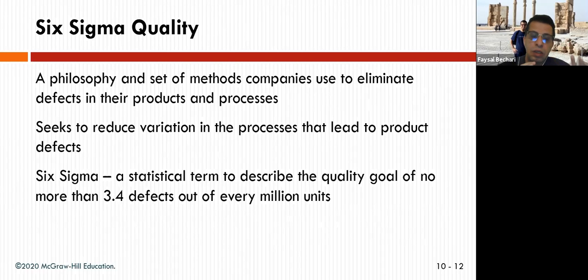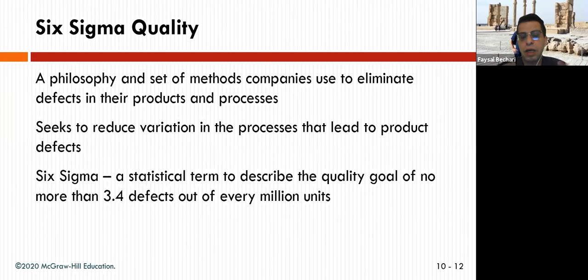It seeks to reduce the variation of the process that leads to a product defect. So when you're doing a production, there's a certain process, and you want to make sure this process stays as is and doesn't go lower than the standard. Once it goes lower than standard, you might have a defective product.